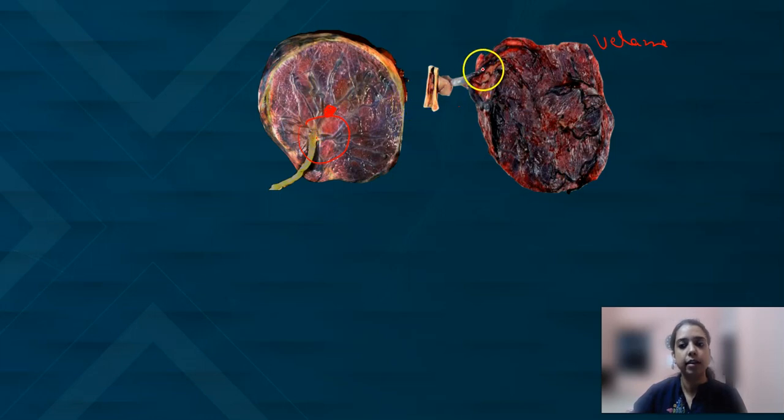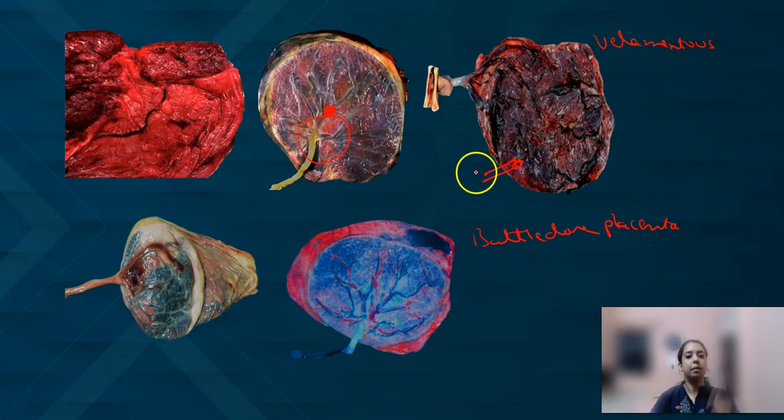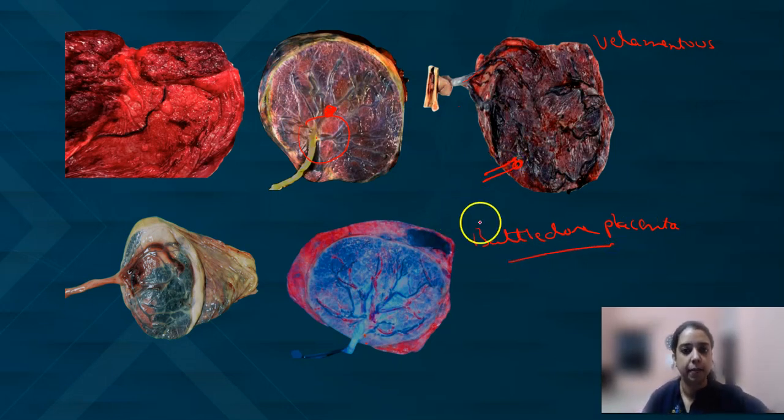But if the cord is attached at the membranes, it is filamentous cord insertion. If the cord is not on the membranes but on the placental mass at the periphery, like a badminton racket, it is called battledore placenta.